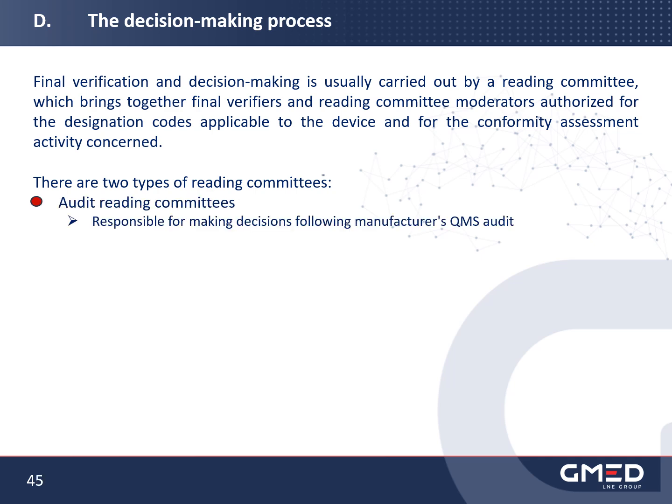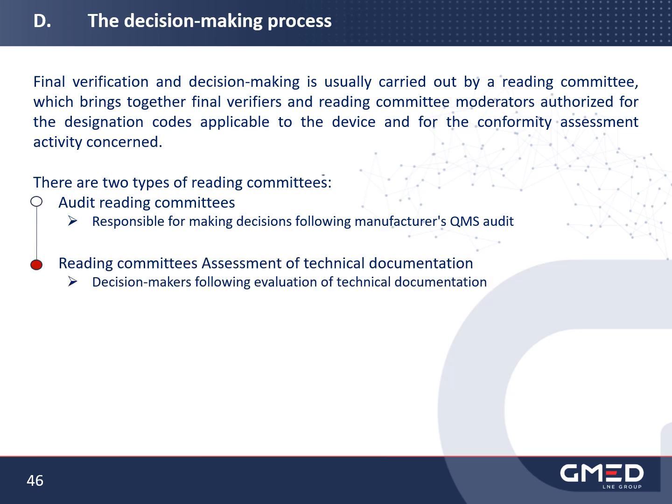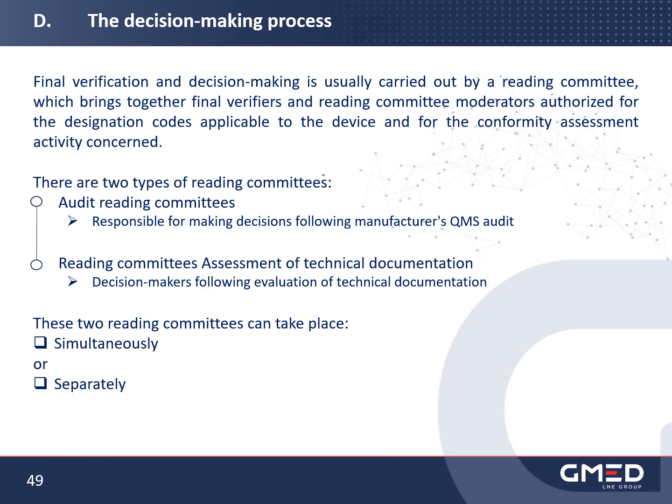Audit reading committees, which are responsible for making decisions following an audit of the manufacturer's quality management system. Technical documentation assessment reading committees, responsible for making decisions following assessment of the manufacturer's technical documentation. These two types of reading committee can take place simultaneously or separately.